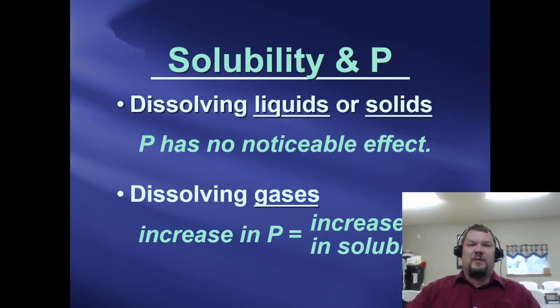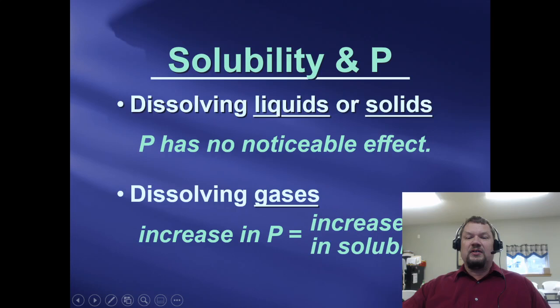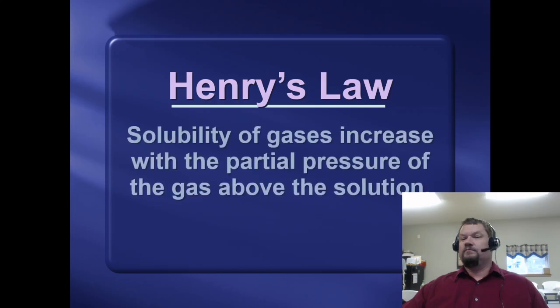What happens to the solubility of the carbon dioxide in the Coke? It goes everywhere. Coke just spews all over the place. That effervescence is caused because you have decreased the pressure and therefore decreased the solubility on the Coke. So in this case, dissolving gases, an increase in pressure will increase the solubility of the gas.